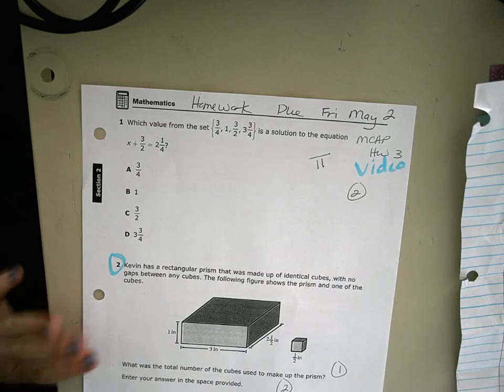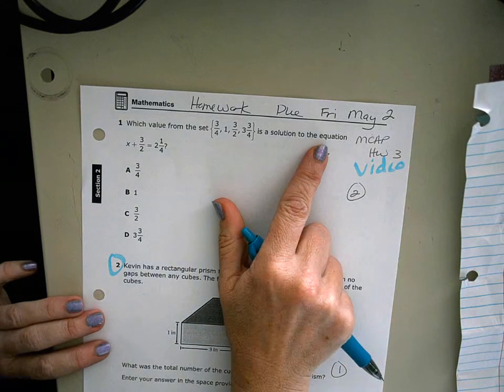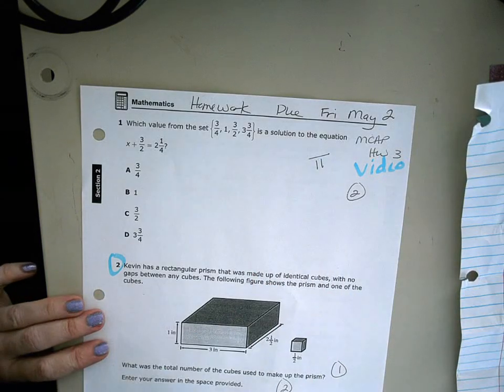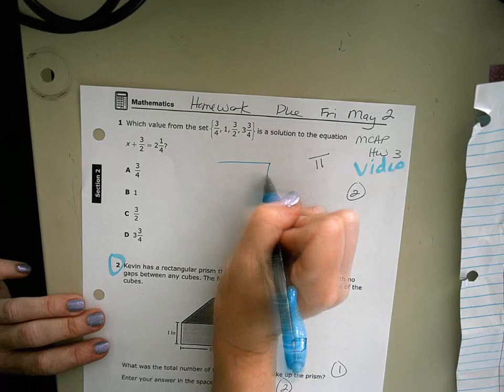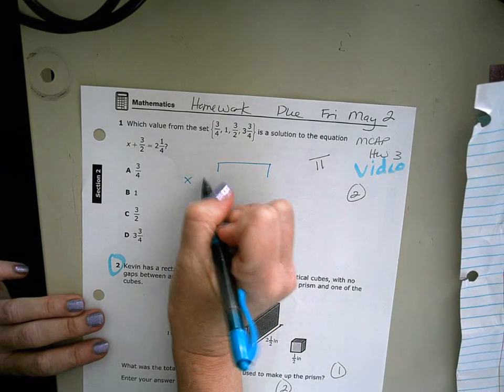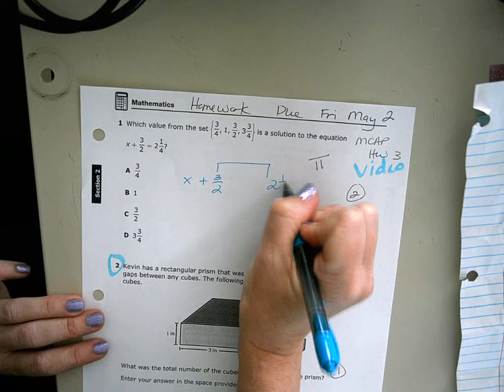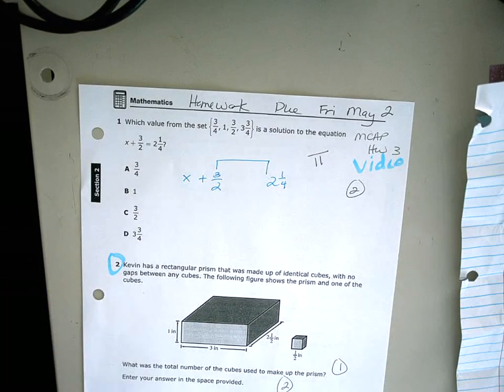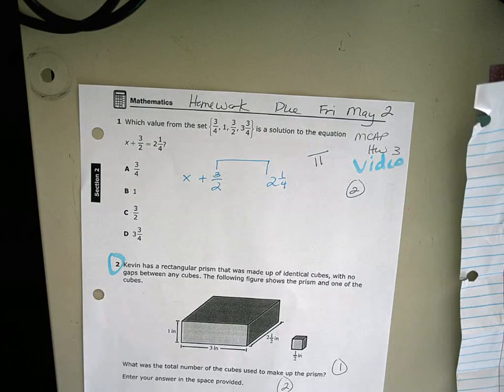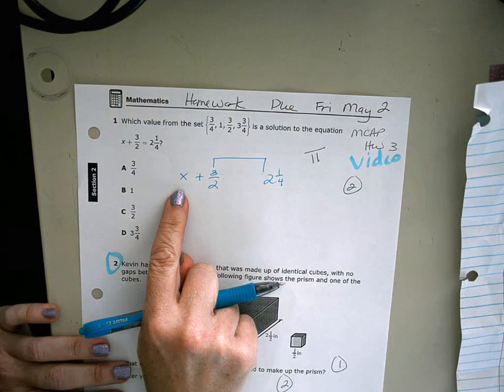So which value from this set is a solution to the equation? So for this, you have really 2 choices. This is a hanger model, right? We have x plus 3 halves, and over here we have 2 and a fourth. So if you want, you could balance your equation, balance your hanger model in order to get x all by itself.